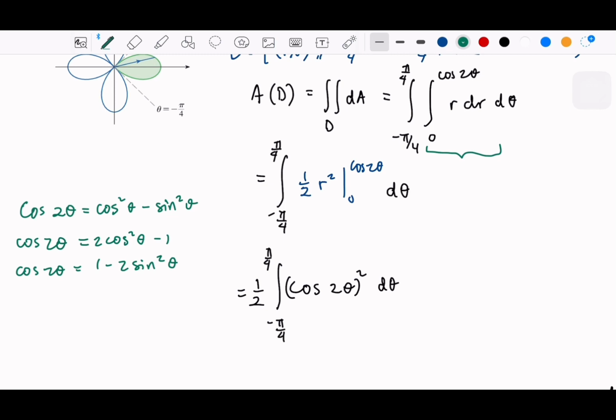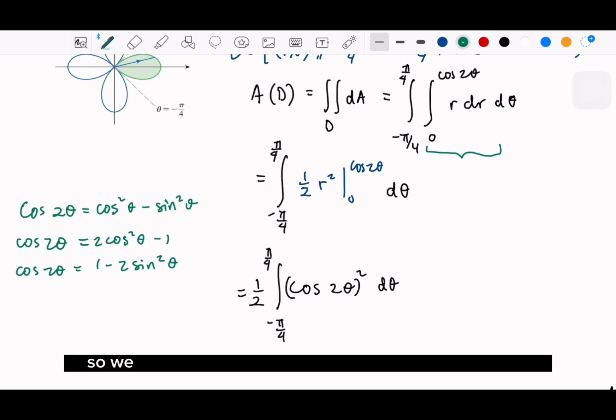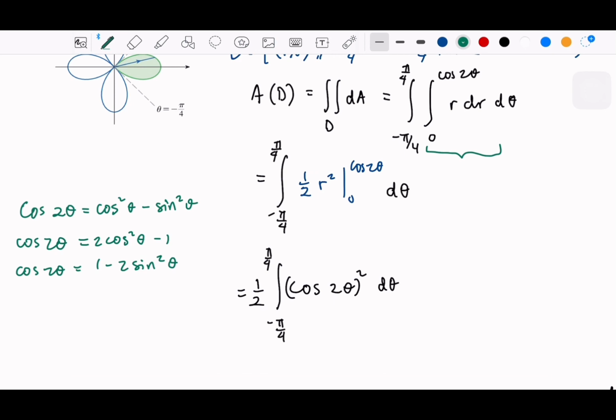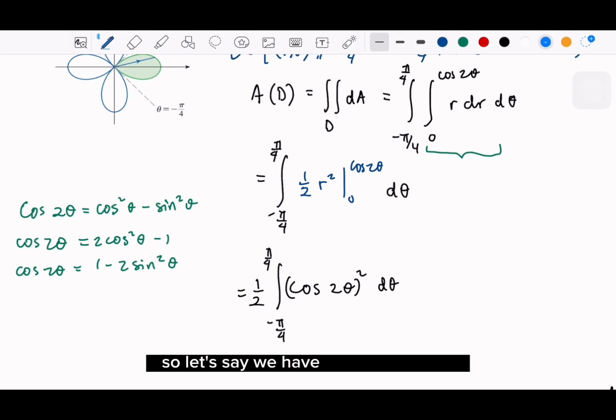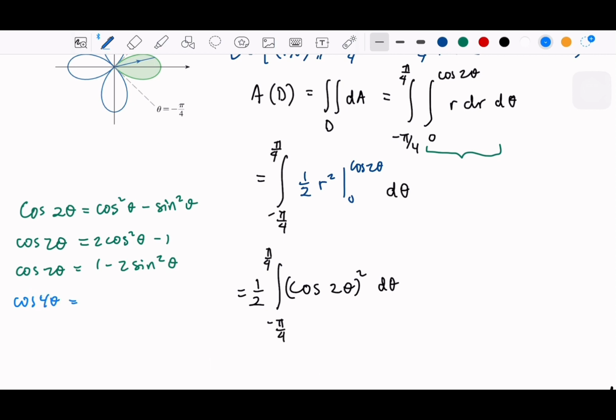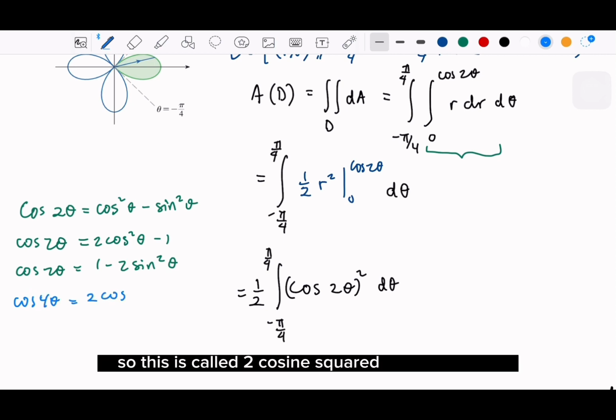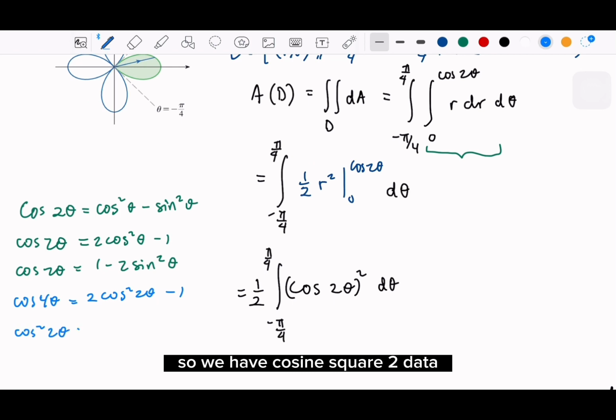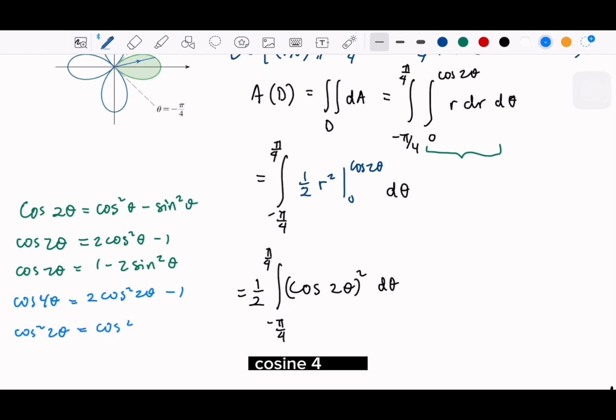So we have cosine squared 2 theta. Using the double angle, cosine 4 theta is 2 cosine squared 2 theta minus 1. So cosine squared 2 theta equals cosine 4 theta plus 1, and then divide by 2.